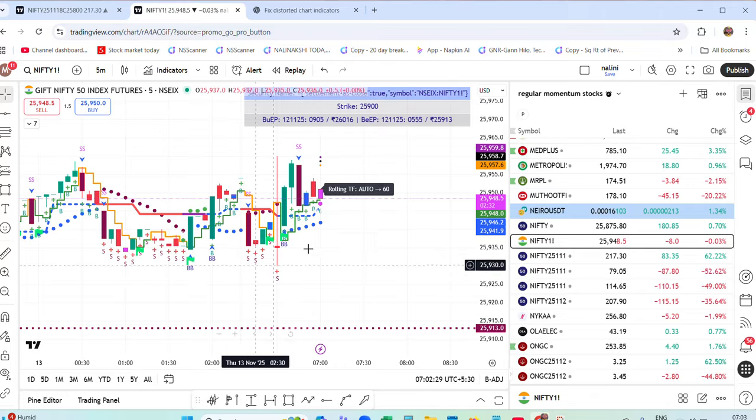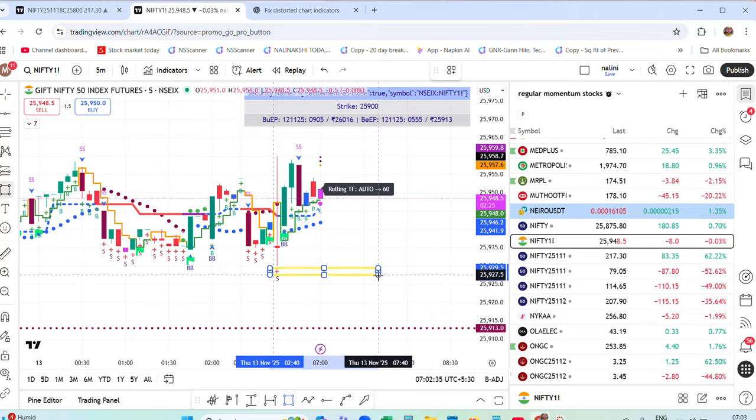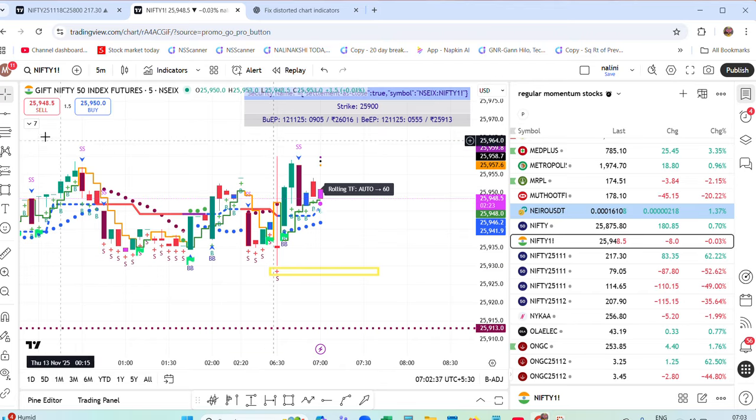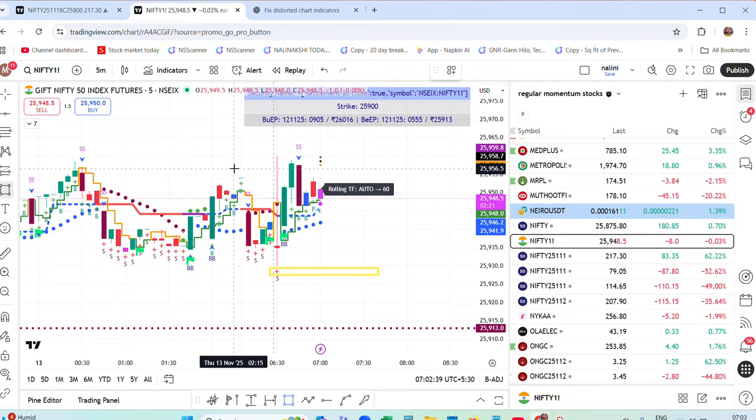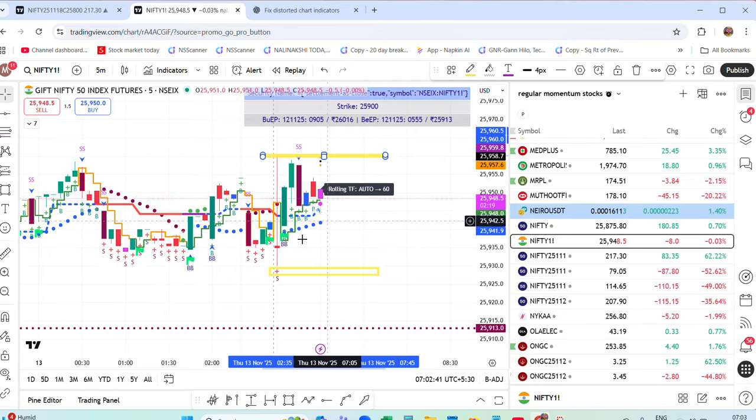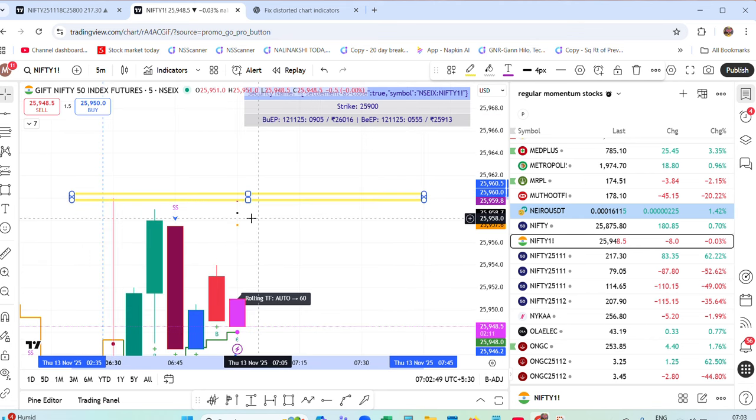In the morning it went down to 25,930, it has made a low, and it made a high, this single candle, and the price is managed within that. And if you notice here, there is a CPR formed at the top.